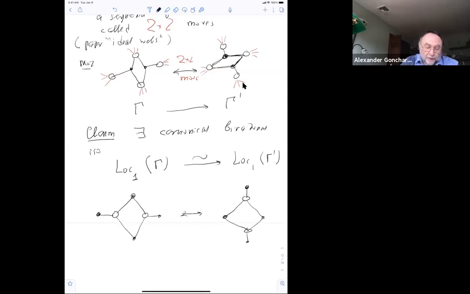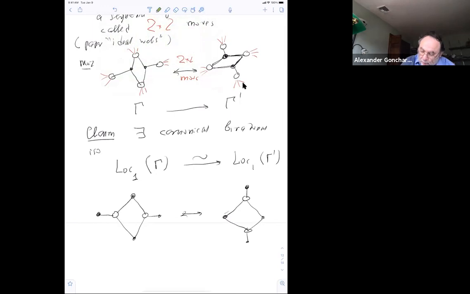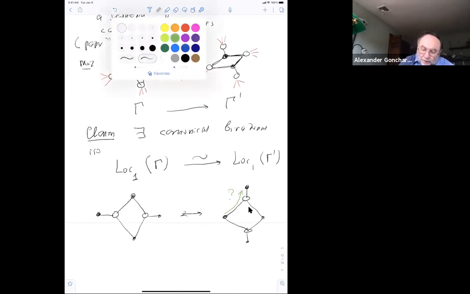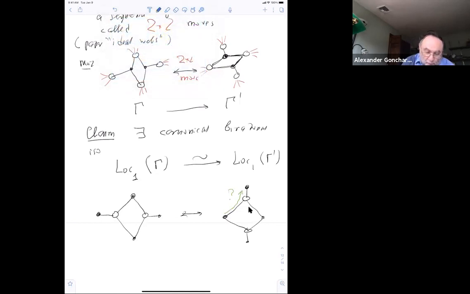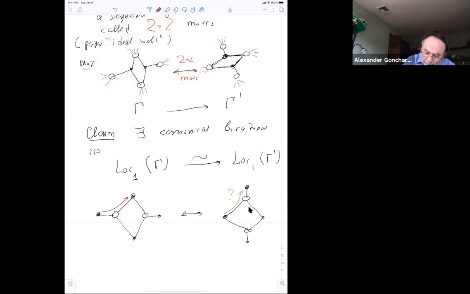Okay, and now I have to tell you what happens with local systems. For example, I need to tell you how you parallel transform. Here the parallel transforms on the left are given to me, but on the right I have to define them. And so on the left, I consider the following two paths. I consider this path, and I consider also the path which goes around.